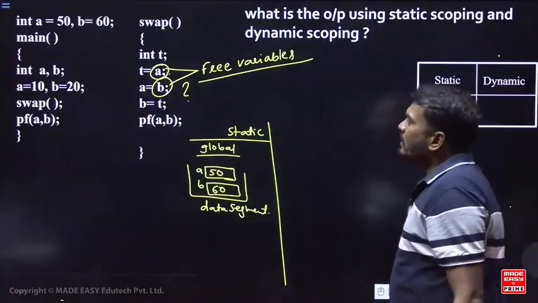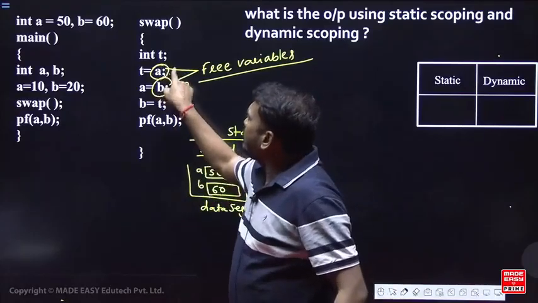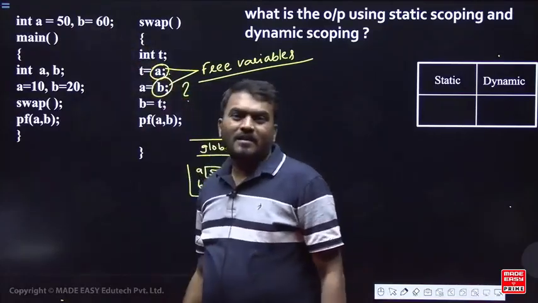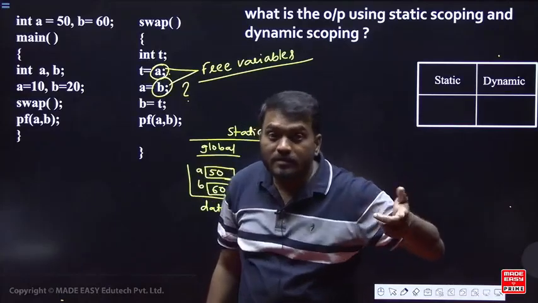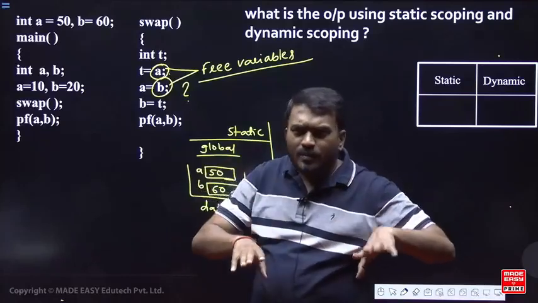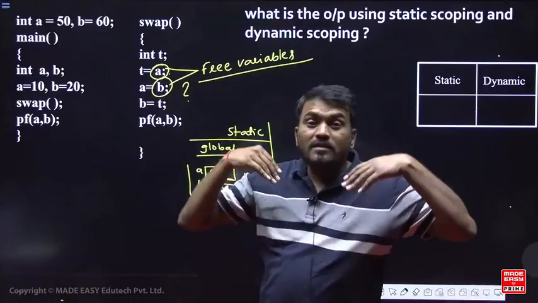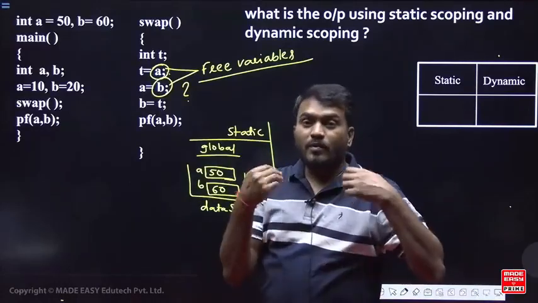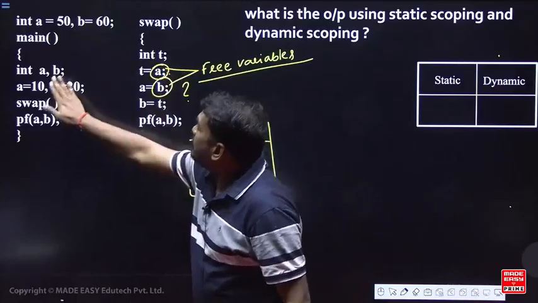So if I follow static scoping, which variable do you consider? 50, because in static scoping free variables are resolved from global variables. If my program follows dynamic scoping, which variable do you consider? The previous calling function.